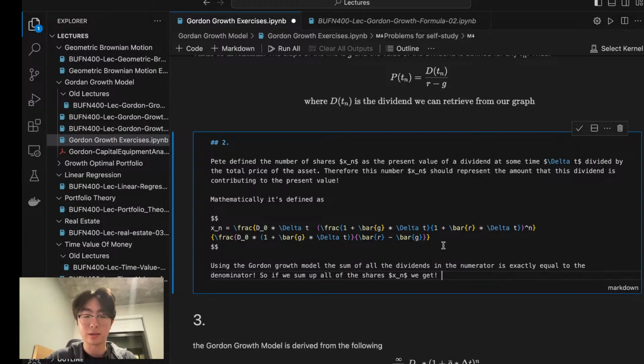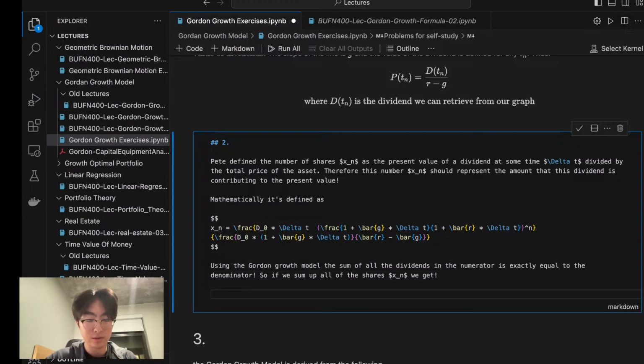So I think mathematically, sum from n to n of, I think it's n to infinity, honestly, right? So it's delta t.